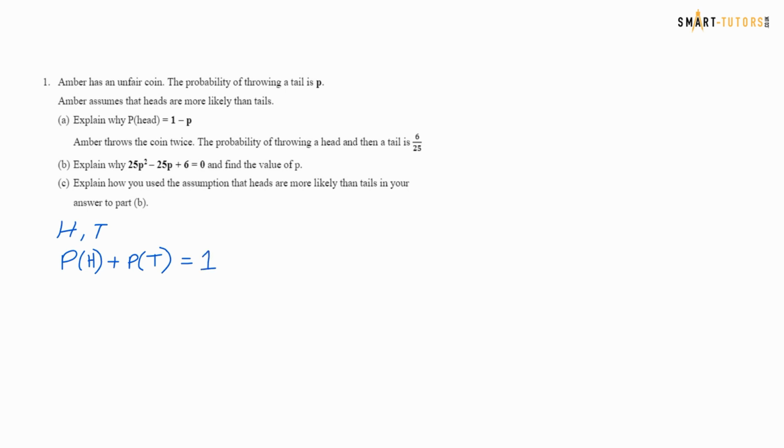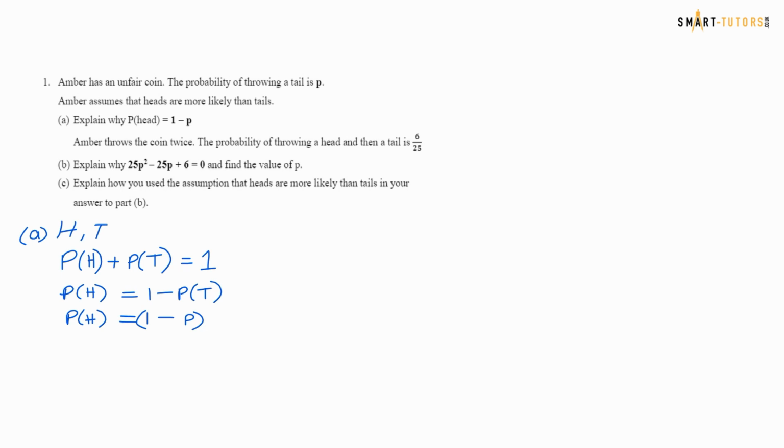So probability of head, we don't know, so probability of head equals 1 minus probability of tail. And probability of tail is P, so 1 minus P is the probability of head. So that is the part A answer.